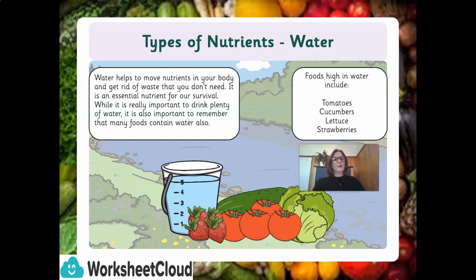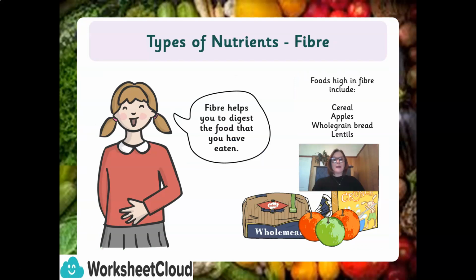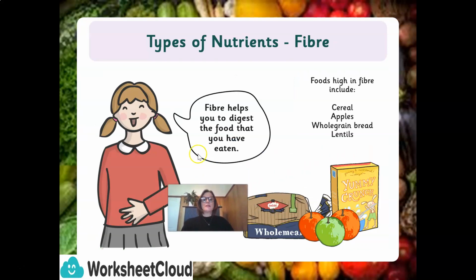The foods that are included are tomatoes, cucumbers, lettuce, and strawberries. Fibre is also very important as it helps us to digest the food that we have eaten. Food that has fibre includes cereal, apples, whole grain bread, and lentils.